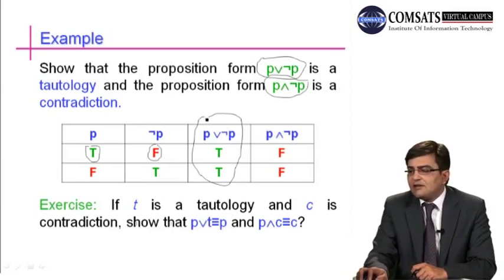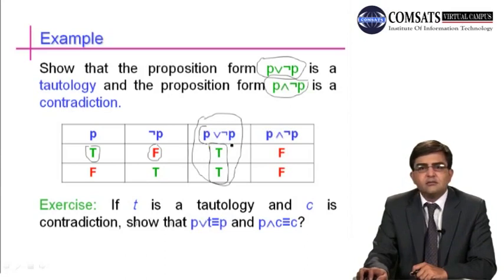It means the compound proposition has all the truth values as true, and we don't care about the individual truth values of P and not P. We can see that there are false values in the truth table of P and not P in these columns.